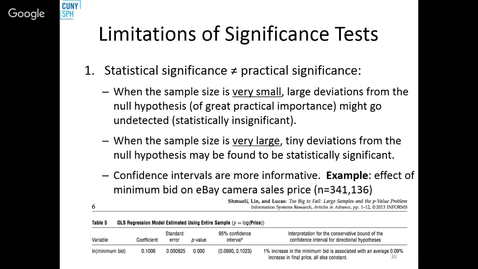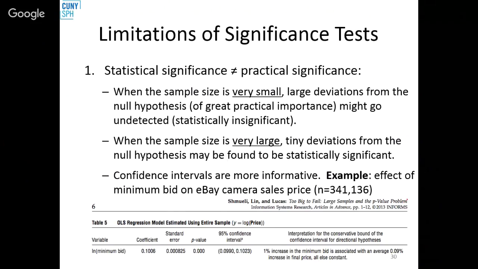A little example of where a statistically significant difference may not be of practical importance is this example from a paper. It was called Too Big to Fail, Large Samples and the P-Value Problem.